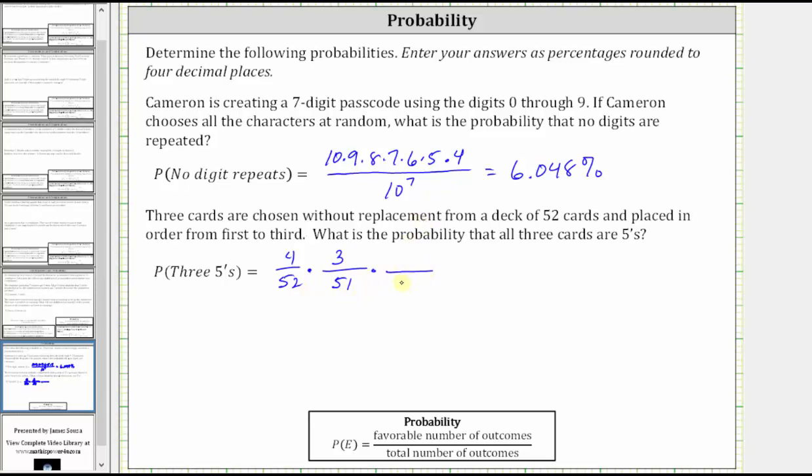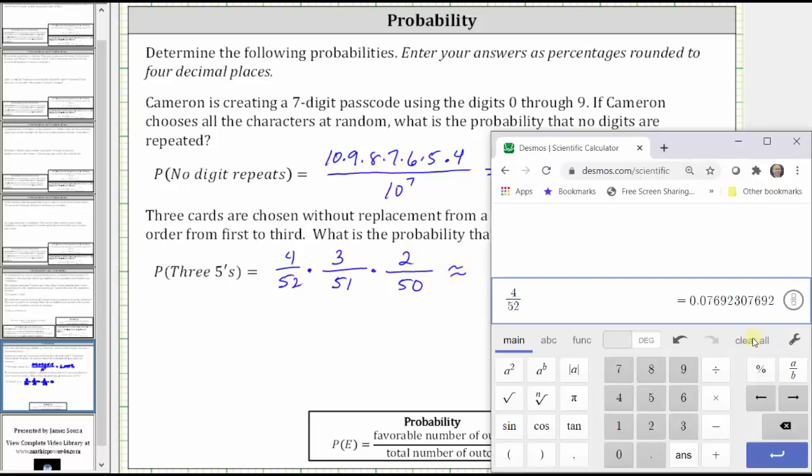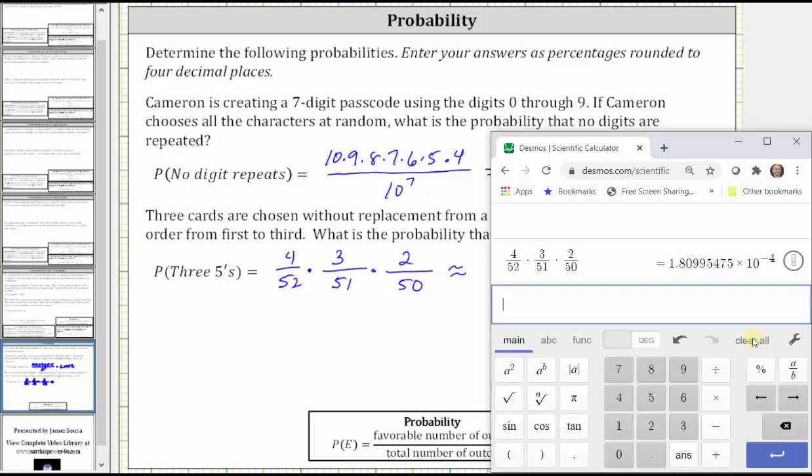Well, now there's only 50 cards, 2 of which are 5s, and therefore the probability the third card is a 5, given the first 2 cards are 5s, is 2 divided by 50, or 2/50. And now let's go to the calculator. 4 divided by 52, tab, times 3 divided by 51, tab, times 2 divided by 50, enter.